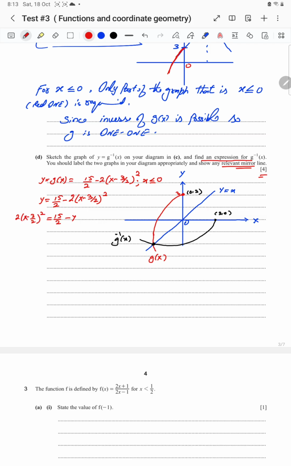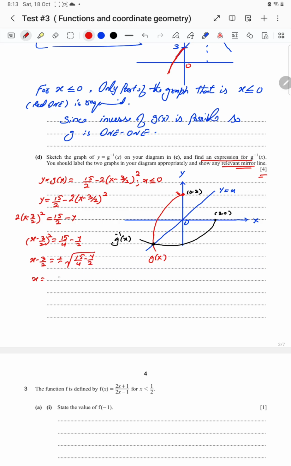You know the technique to make it the subject, so divide by 2 first. It will be (x minus 3 by 2) whole squared is equal to 15 by 4 minus y by 2. Now take the square root. x minus 3 by 2 will be plus and minus the square root of 15 by 4 minus y by 2.